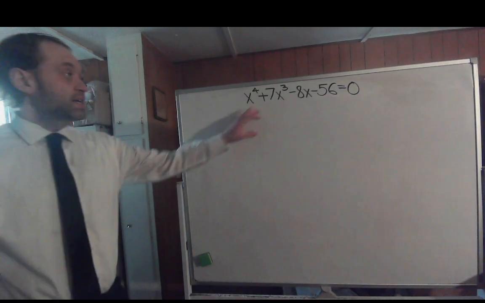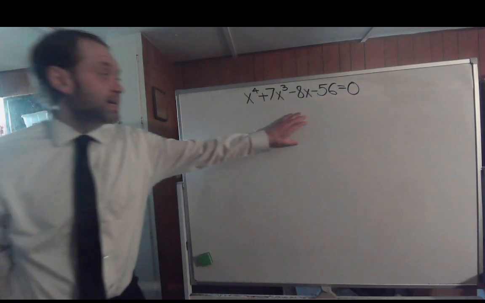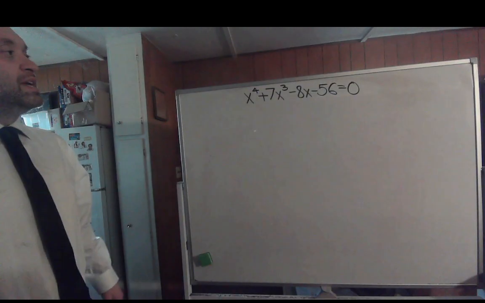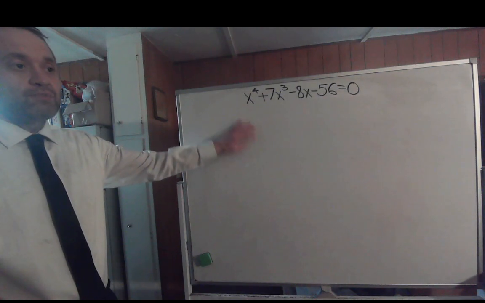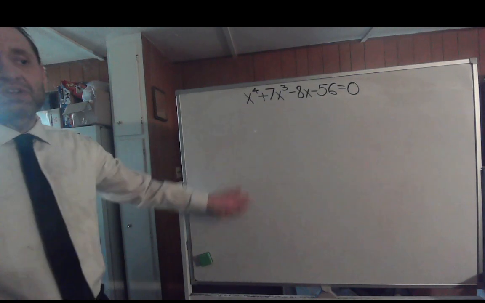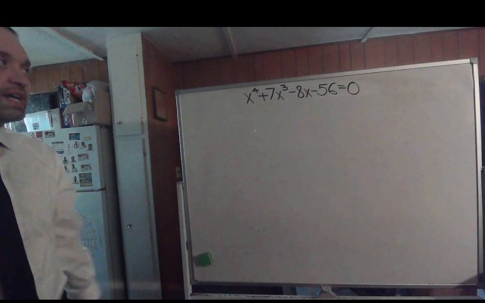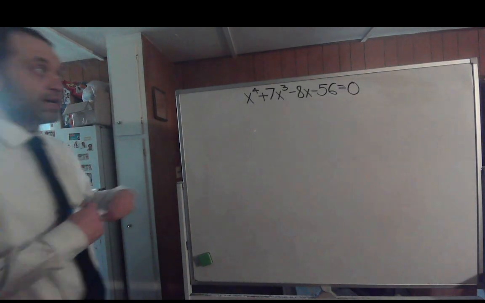So we have x to the 4th plus 7x to the 3rd minus 8x minus 56 equals 0. Now, this is an even-powered polynomial. However, it's not a conventional one. Notice you skipped the quadratic term entirely. This one will actually be solved by factoring by grouping.